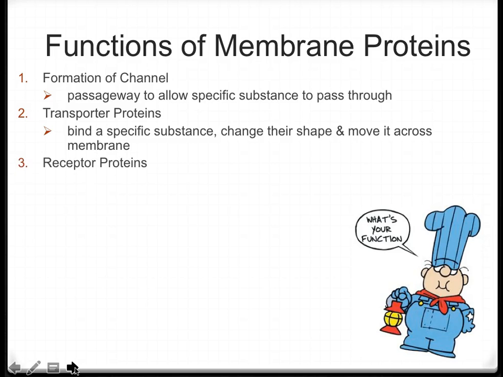Okay. Some of these proteins will act as receptors. So they may be receptors to hormones, to certain chemicals. This is very important. The idea of receptors is hugely important. Your cells have to have a receptor on them in order for your body to recognize a certain molecule. Okay, it has to.